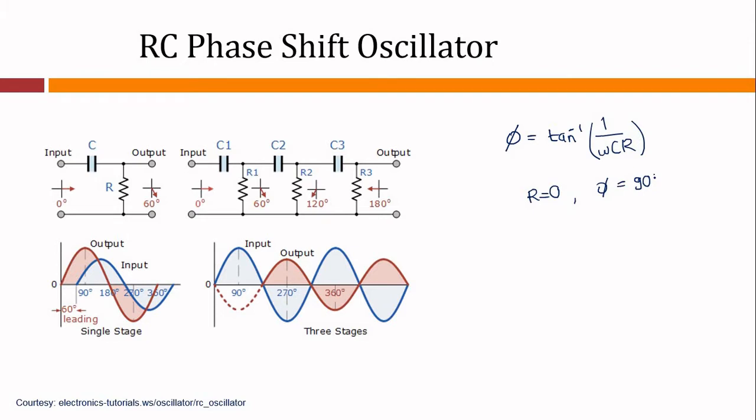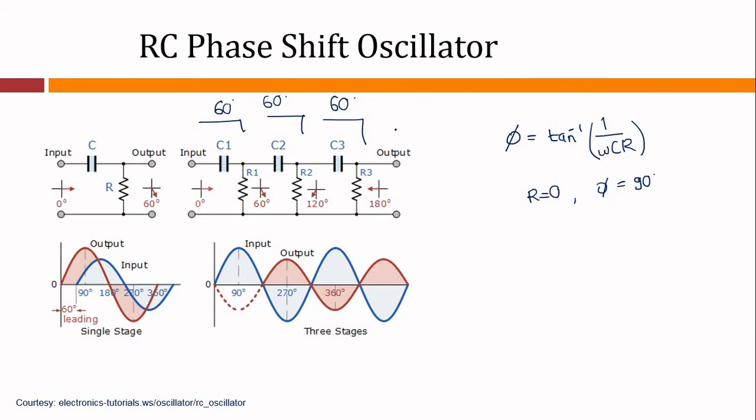So each of these sections is going to introduce a phase shift of 60 degrees, and overall it has to be 180 degrees. I can select the values of C and R in such a way that the phase shift is, say, 45 degrees. In that case I need to go for 4 RC sections. Fine.